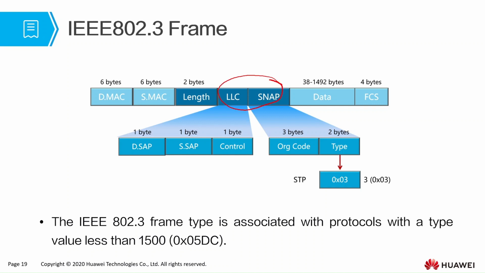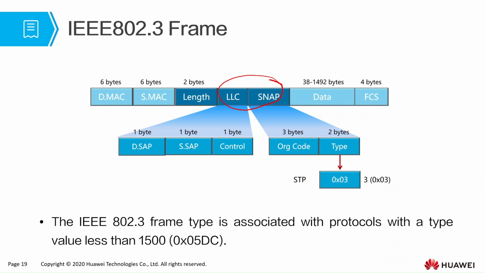It will result in overhead when your Ethernet switch processes your packet. That is why the IEEE 802.3 frame is not commonly applied in today's network. But remember, we still have some legacy or older protocols that use the 802.3 frame there.